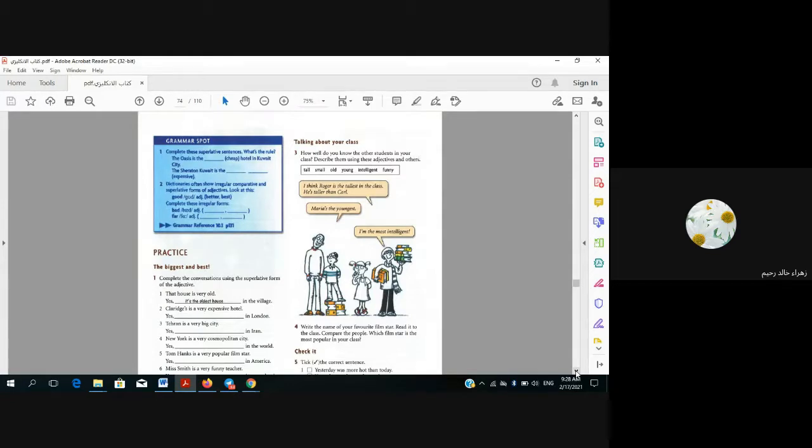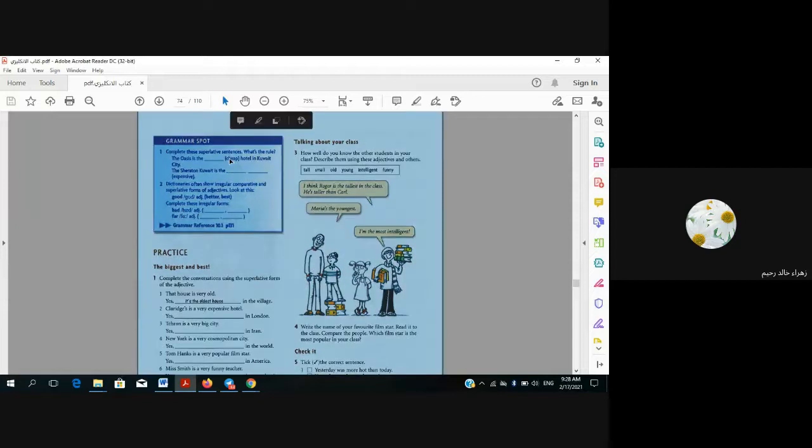Complete these superlatives. I'm talking about the grammar sport. Complete these superlative sentences. What's the rule? The Oasis is the cheapest hotel in Kuwait City. The Sheraton Kuwait is the most expensive. In the first sentence we say cheapest, and in the second we say the most expensive.